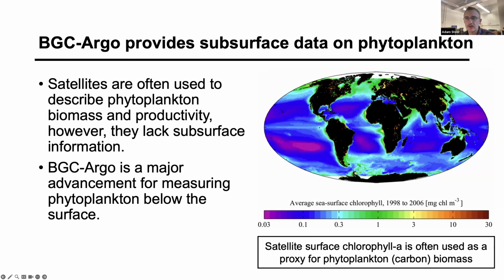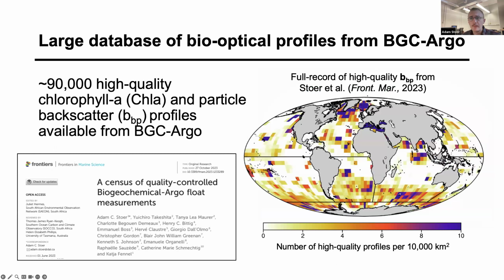On the right there, you can see that common picture of satellite surface chlorophyll that's often used to describe phytoplankton dynamics. With the BGC Argo array, it's accumulated this massive database of high quality chlorophyll and particle backscattering measurements.